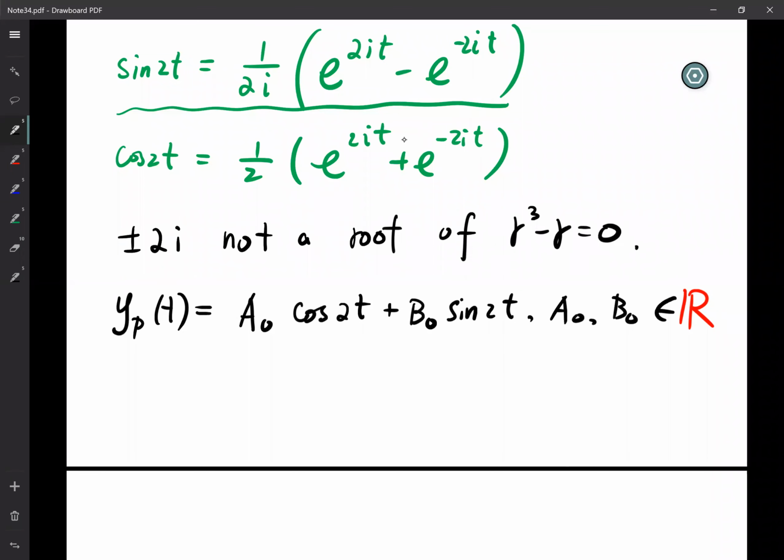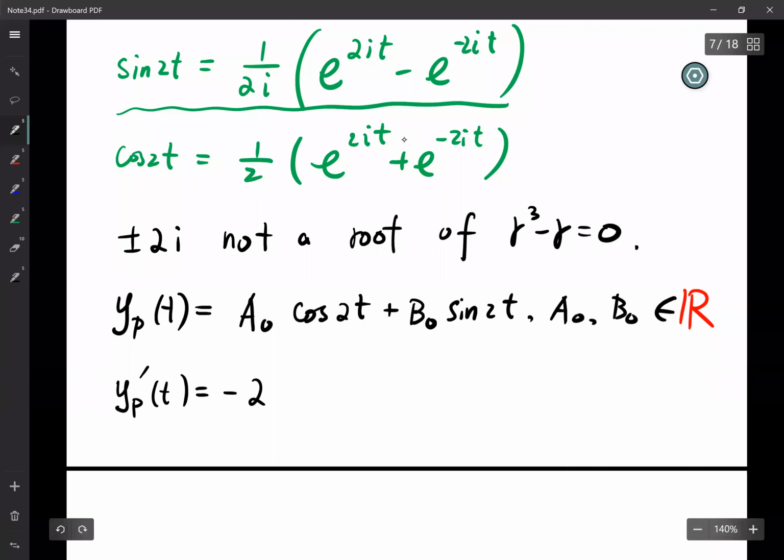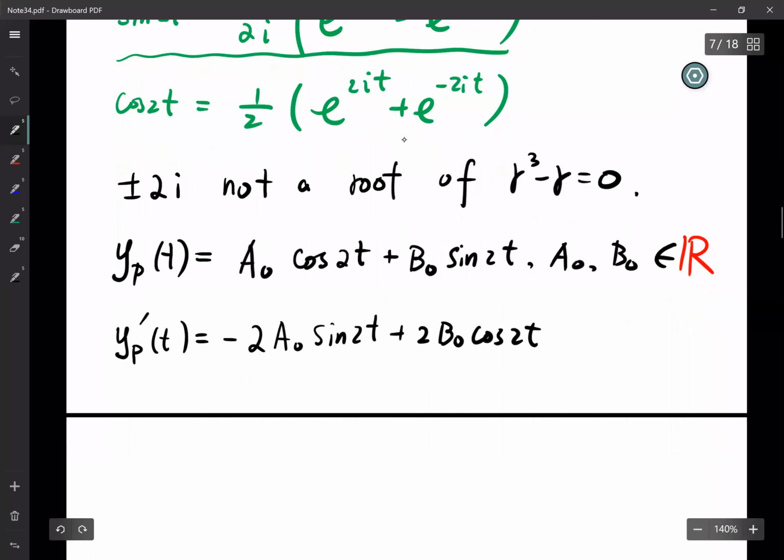Now I just evaluate yp prime t. This one is minus 2 A naught sine 2t plus 2 B naught cosine 2t. It's quite mechanical.